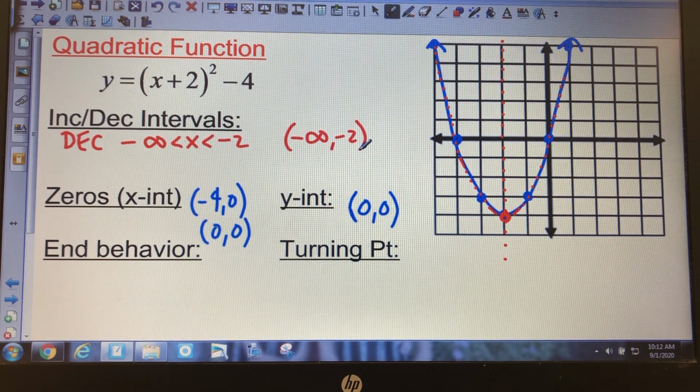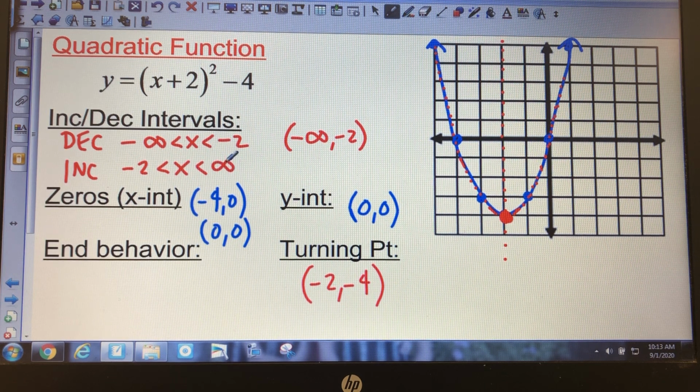We hit this point here, which is referred to as our turning point. So -2, -4 is our turning point. And then we go uphill to the right of that. Okay, so we're increasing from -2 to positive infinity.